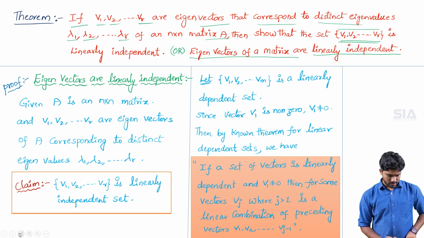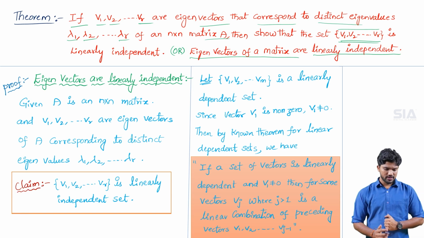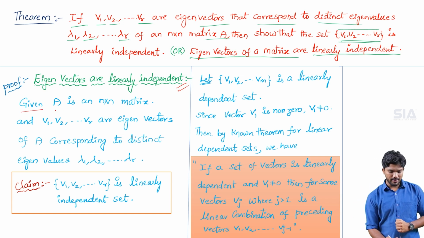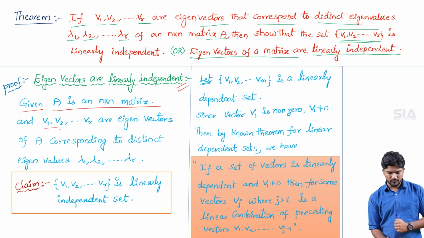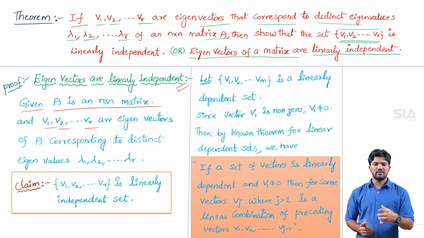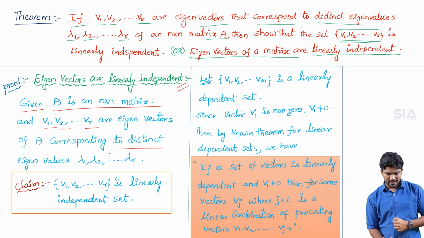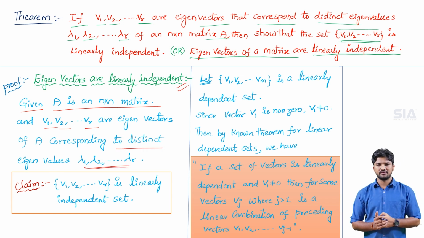So here, let us observe the proof of this theorem. Eigenvectors are linearly independent. That is our heading. Given: A is an n by n square matrix and v1, v2, up to v suffix r are eigenvectors of A corresponding to the distinct eigenvalues lambda 1, lambda 2, up to lambda suffix r.